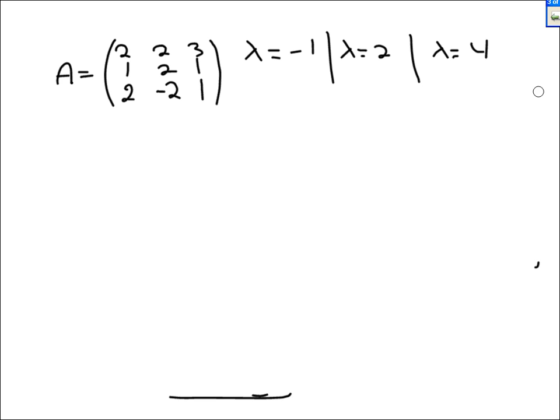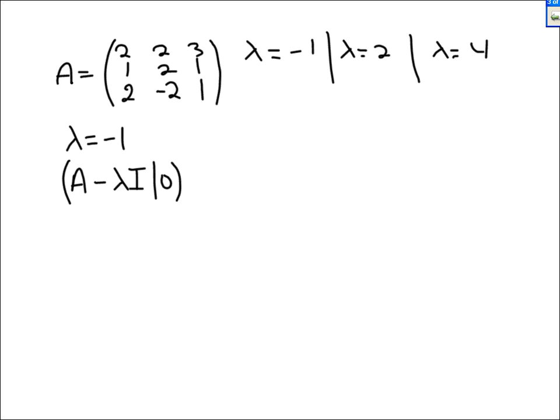Okay, let's clean this up first. So lambda is equal to negative 1. So we want to solve A minus lambda I augmented with the 0 vector. So if lambda is negative 1, we get A plus 1I, because taking away a negative 1I is the same as adding 1I.